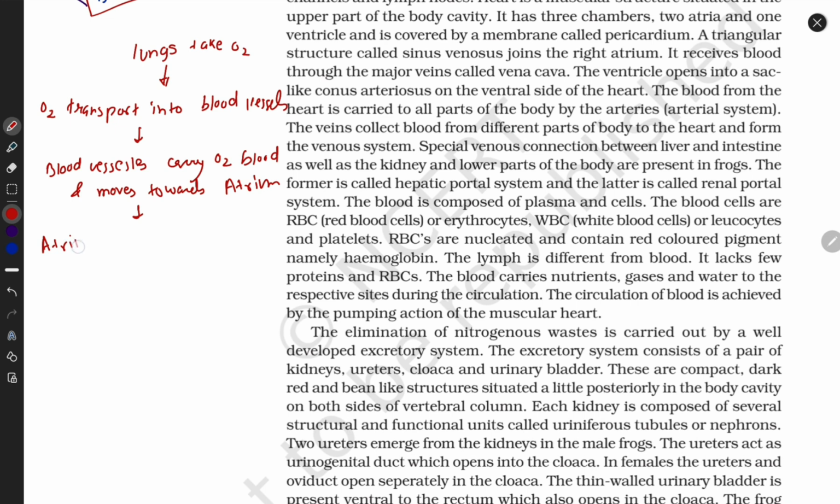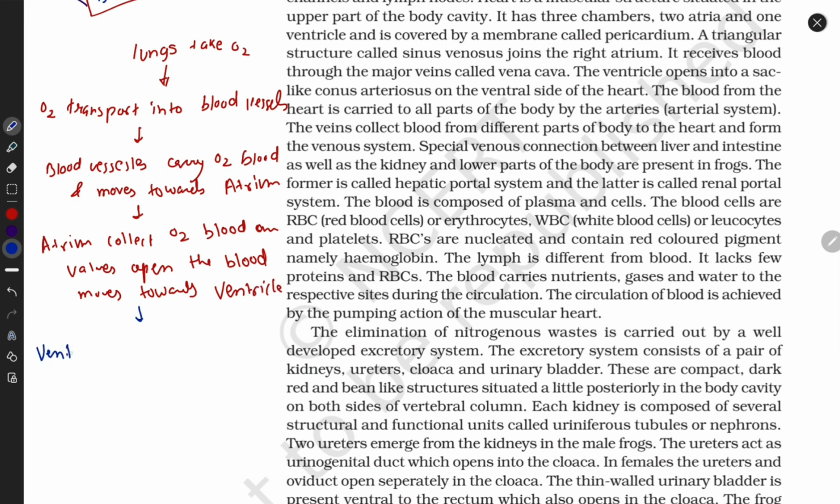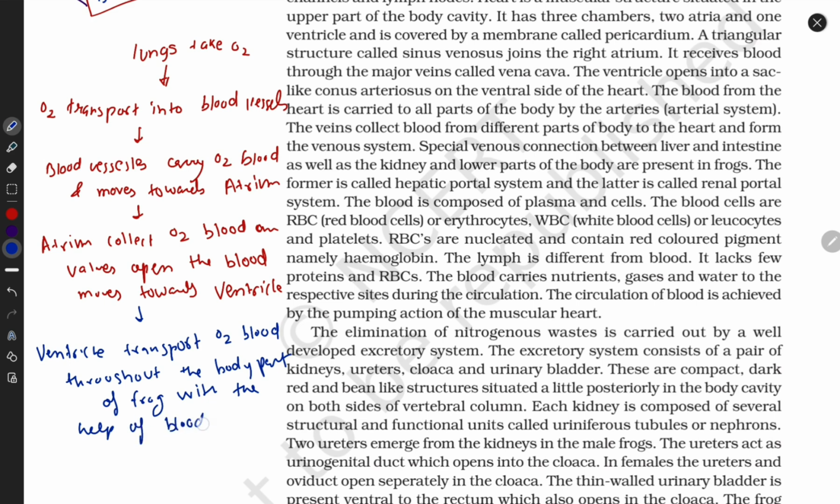Now the atrium collects oxygenated blood and the valves open. The blood moves towards the ventricle. Now what happens next? Now the ventricle transports oxygenated blood throughout the body part of the frog with the help of blood vessels.